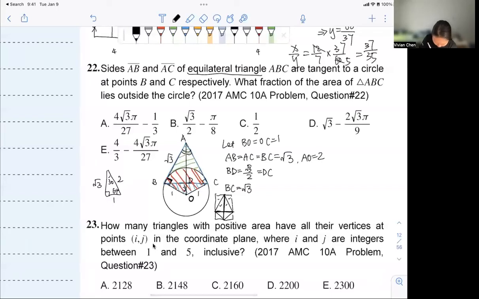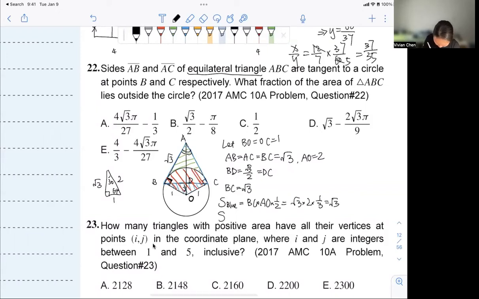These are the same, so you're actually taking half of it. If you don't know how to calculate it, just calculate each triangle and add them up. No big difference, it's just useful to know. So the area of the blue parts should be BC times AO times 1/2. So it is square root 3 times 2 times 1/2, and it's square root 3.